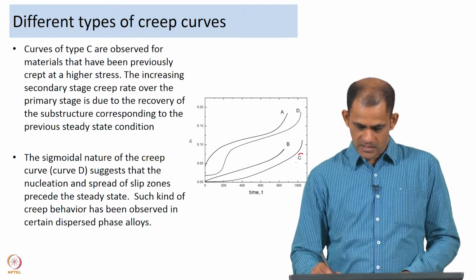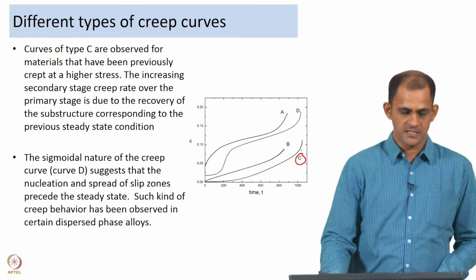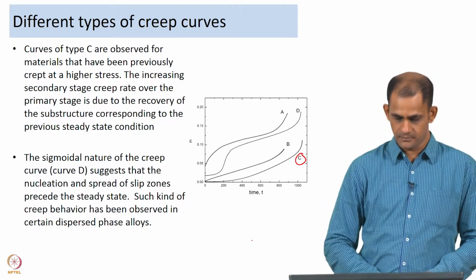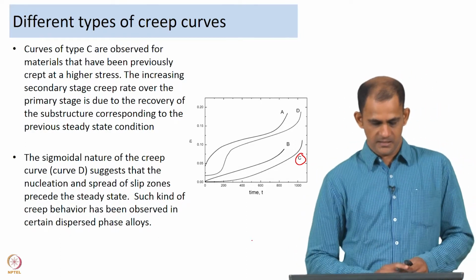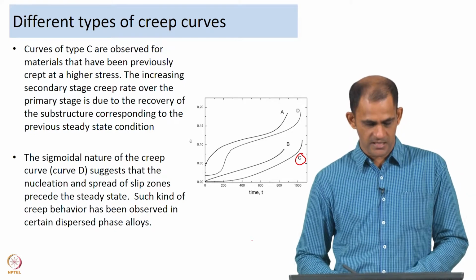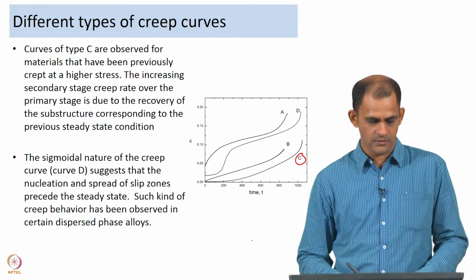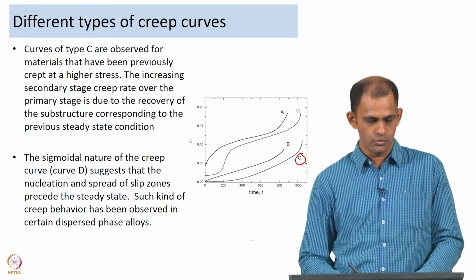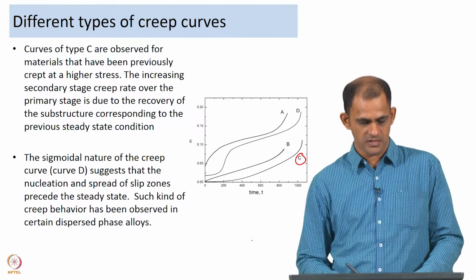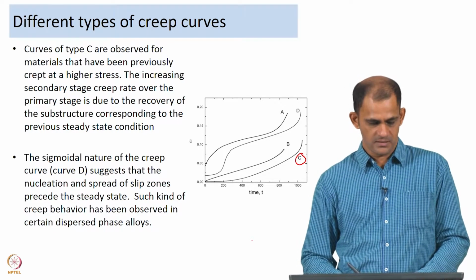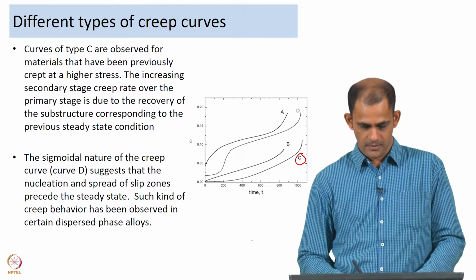Type C: curves of type C are observed for materials that have been previously crept at higher stresses. The increasing secondary stage creep rate over the primary stage is due to the recovery of the substructure corresponding to the previous steady state condition.